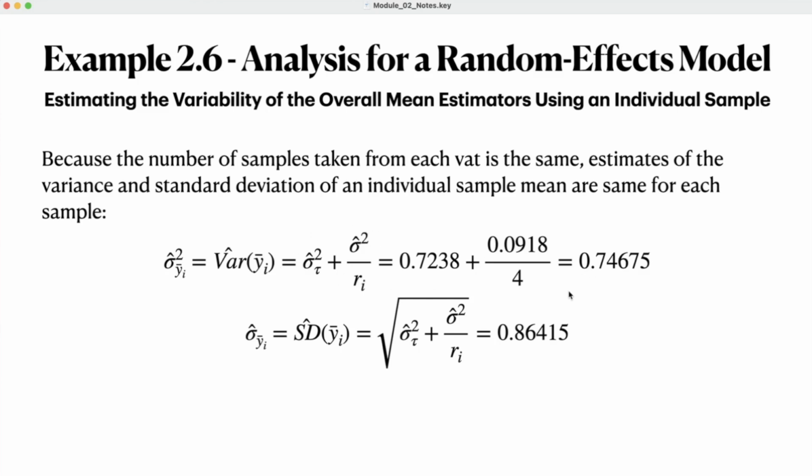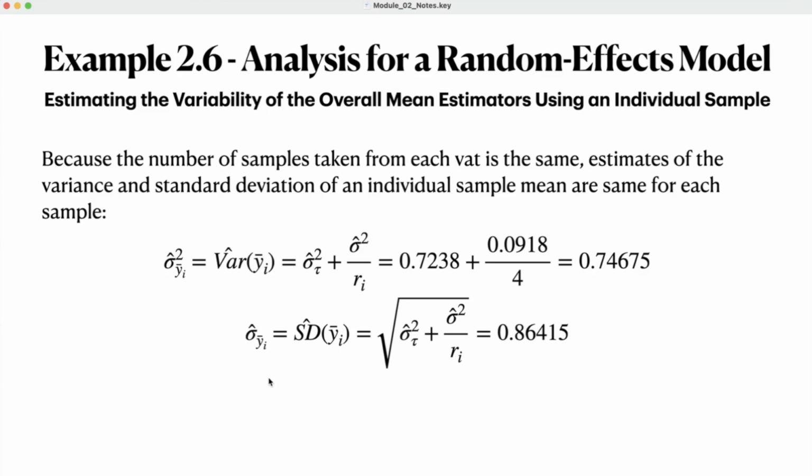And so we get a value of 0.74675. Now, to get the estimated standard error of y bar sub I, we take the square root of that and we get 0.86415.